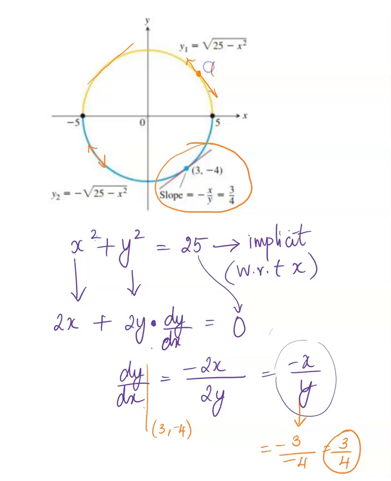So let's say this was, say, 3, 4. If it was 3, 4, I'll have the slope right there. Negative 3 over 4, because x is 3 and y is 4. So you see that that's a negative slope, and you can see that the line is falling.